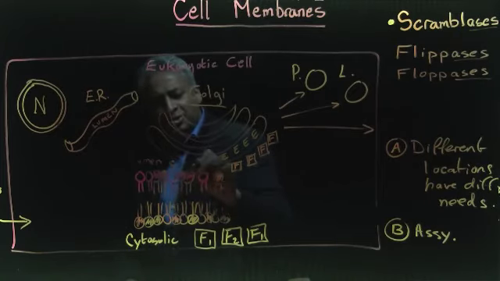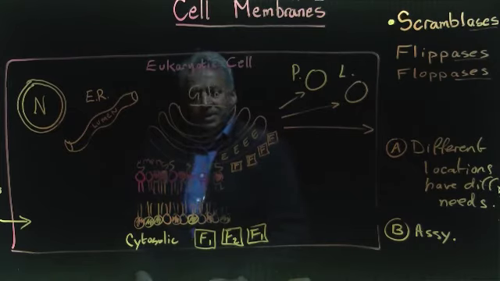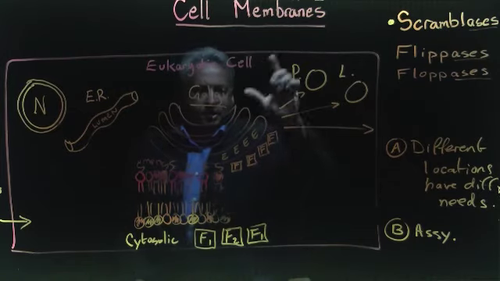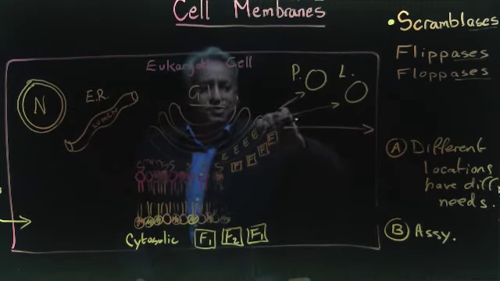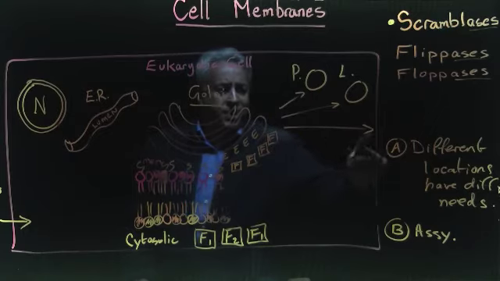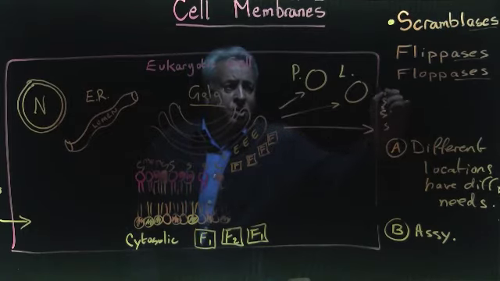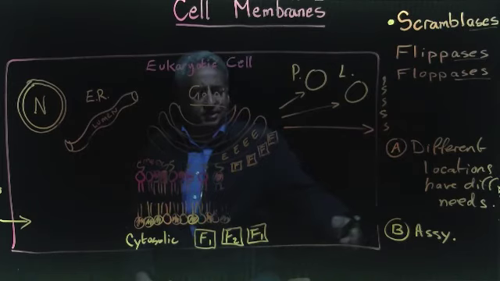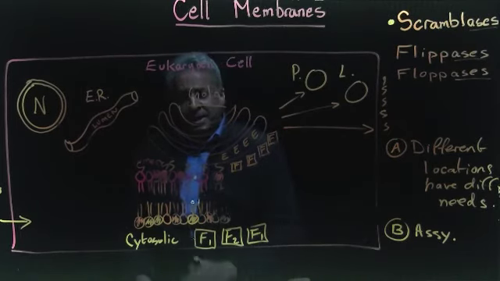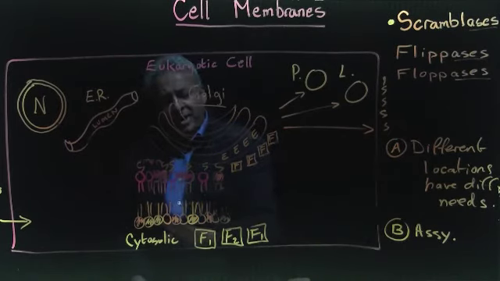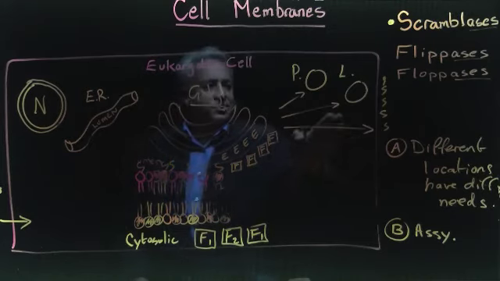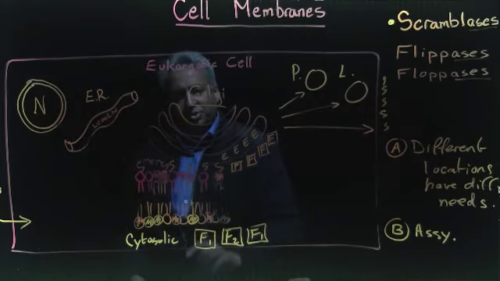So they may add sugar groups like this to the heads of those phospholipids. And those sugar groups, if you follow another video, have a particular orientation, and when they make their way to the surface, the sugar groups will only be found coating the outside surface of the plasma membrane, but those enzymes do not operate on this surface, and the inner surface of the membrane will not have those sugar groups.